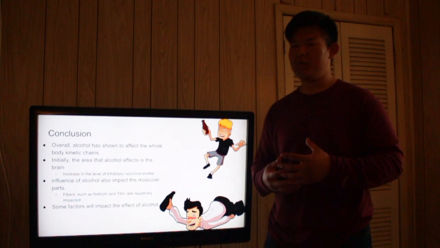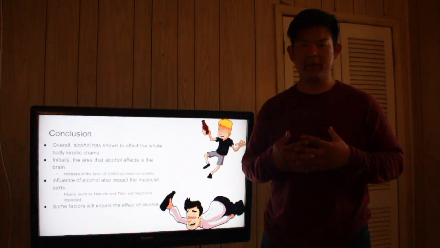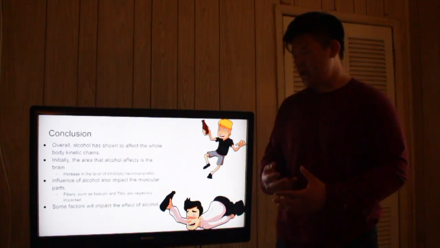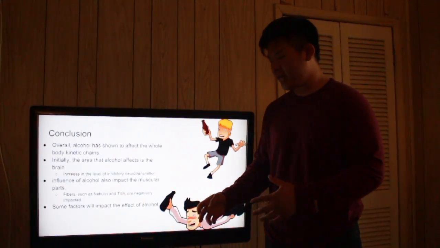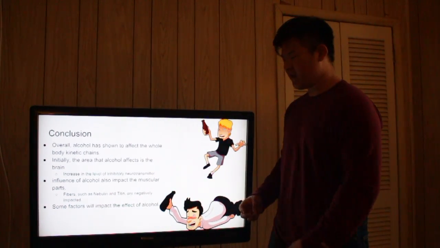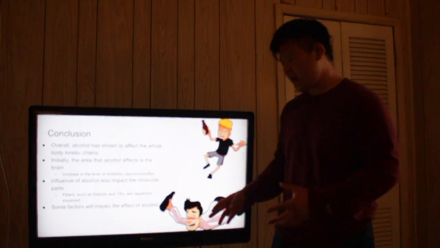Next, the alcohol will start to influence the muscle fiber, which works on the physical aspect. It will negatively impact fibers such as nebulin and titin, as Oliver had explained.